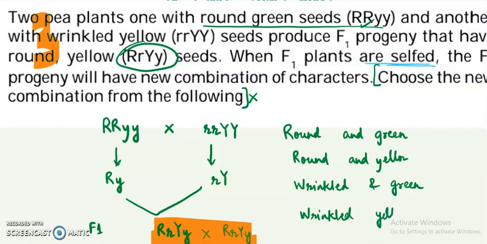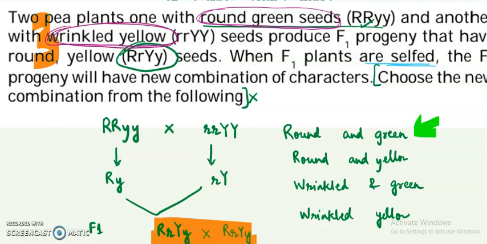So these were the 4 phenotypes that were received by us through the dihybrid cross, because the ratio was 9:3:3:1. Now see here, the genotype of the parent has been given to you, round green and wrinkled yellow.